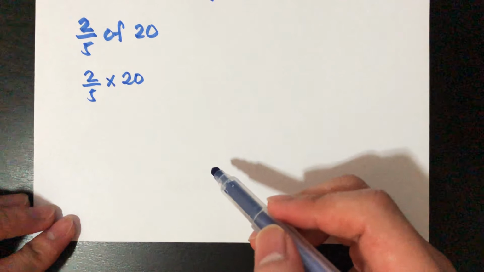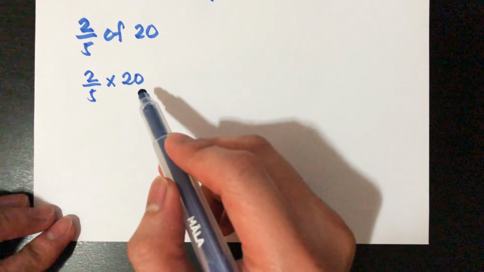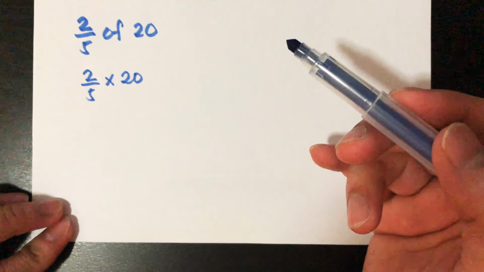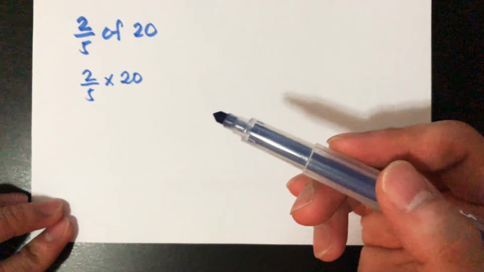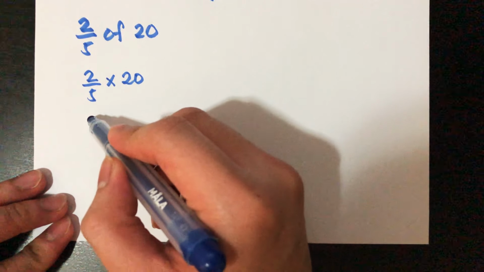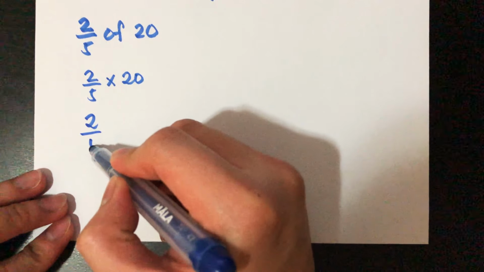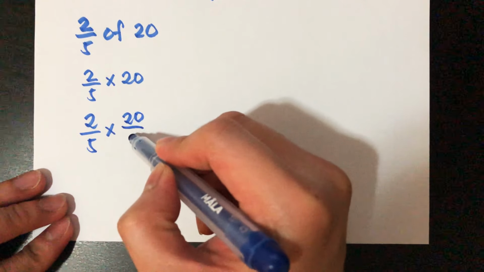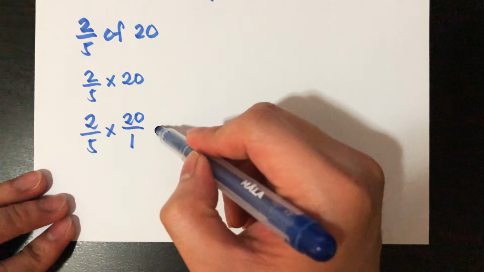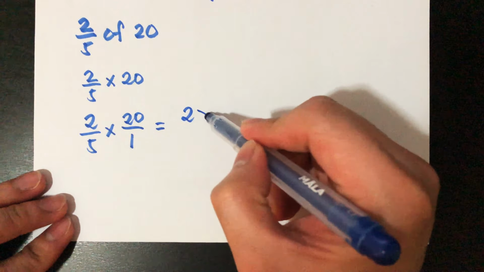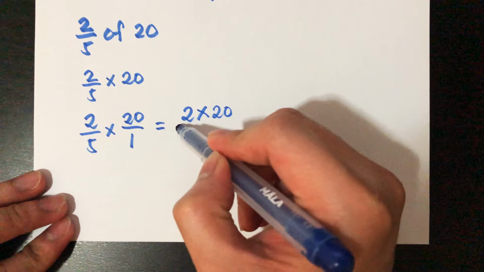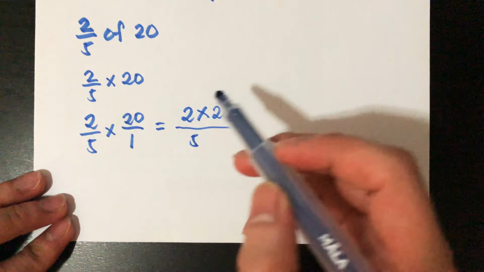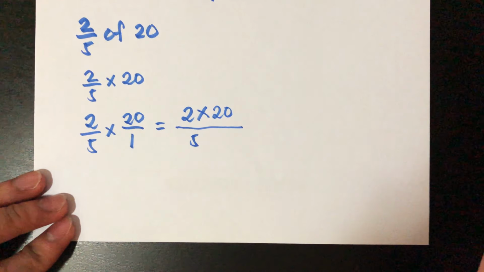Okay? Now here we have a whole number, and a whole number always has a denominator of 1.